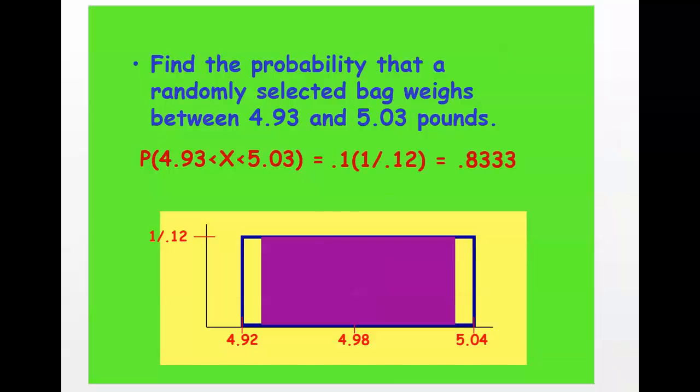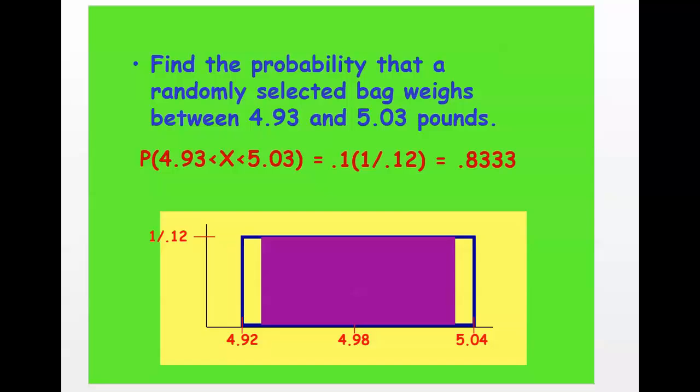So put that in our formula: 0.1 times the height of 1 divided by 0.12, and that gives us a probability of 0.833. So about 83% of the time, I would expect to see something between 4.93 and 5.03.